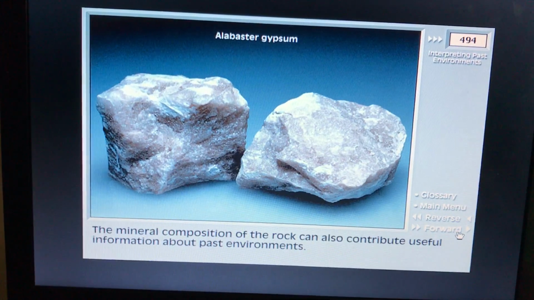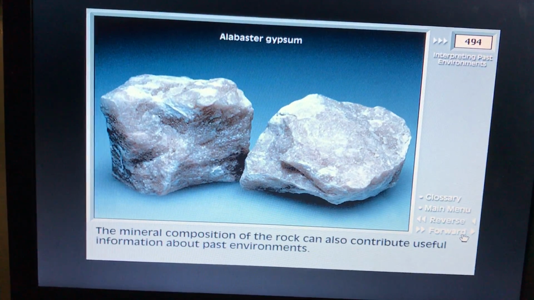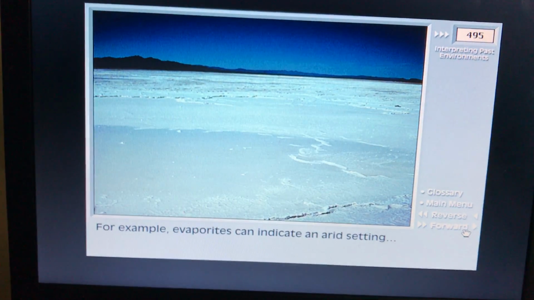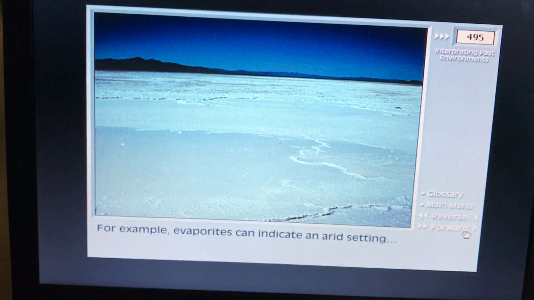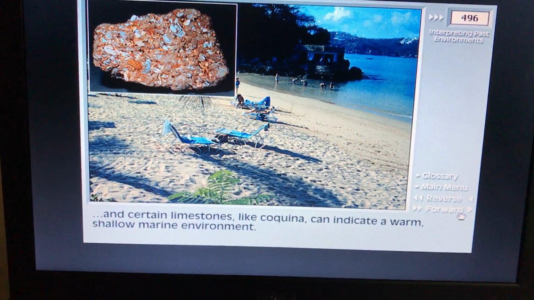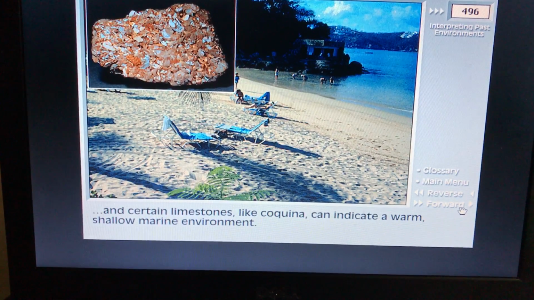The mineral composition of a rock can also contribute useful information about past environments. For example, evaporites can indicate an arid setting, and certain limestones, like coquina, can indicate a warm, shallow marine environment.